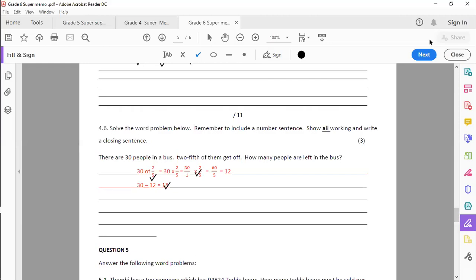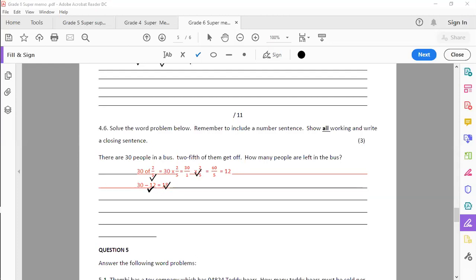So I find out what is 2/5 of 30. I say 30 times 2/5, which is 30 over 1 times 2/5. Numerator multiplied by numerator, denominator multiplied by denominator. It's 60 over 5, or 60 divided by 5, which is 12.